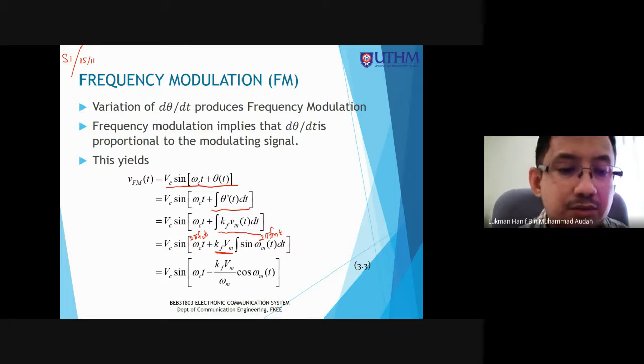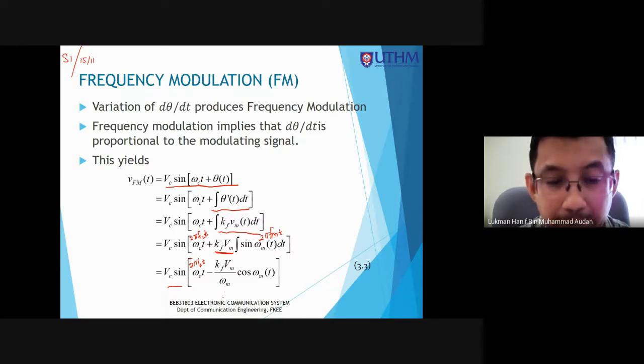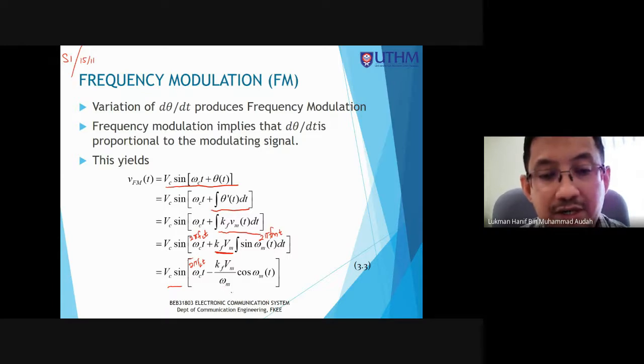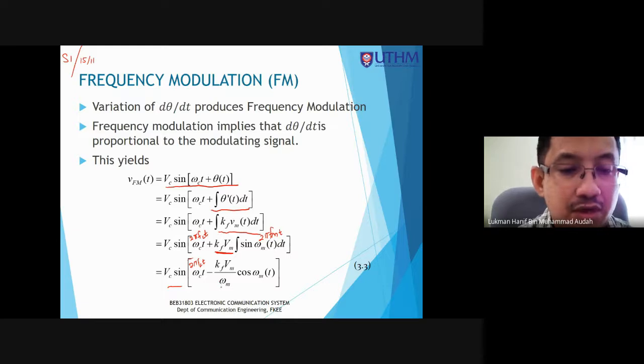Okay, so therefore the final answer is Vc sine big bracket omega ct, or you can write 2 pi Fct, okay, minus Kf Vm over omega m. Tadi kamiran daripada sin kita akan dapat negative cos dibahagikan dengan omega m. Okay, so omega m ini muncul disebabkan oleh proses kamiran.